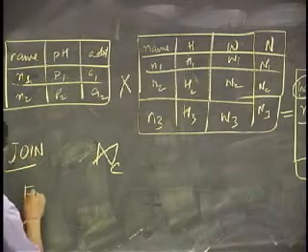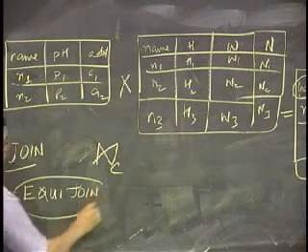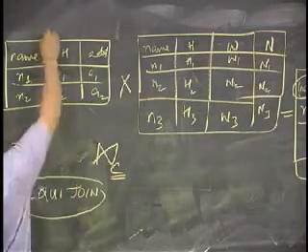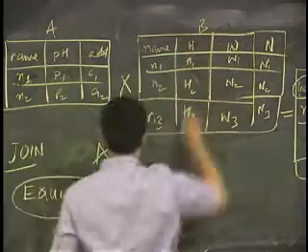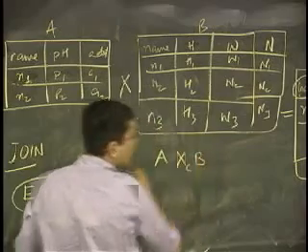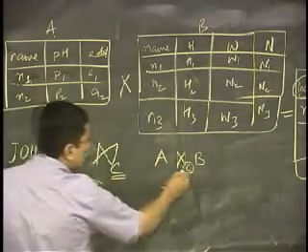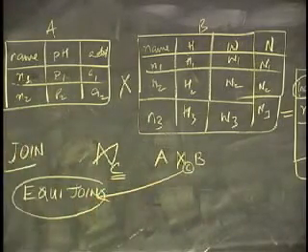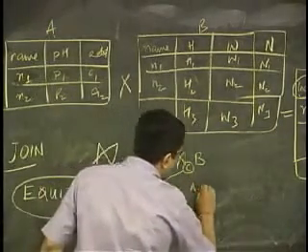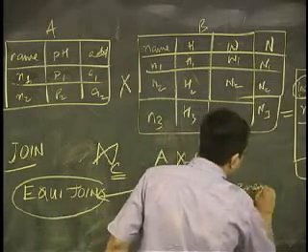Let me give you an example, which is equijoin. So this is our constraint here. We will say this is A, this is B. We are going to say A cross B. And here, this is the constraint that will qualify this join to be an equijoin. And this constraint we can say where A dot name equal to B dot name.